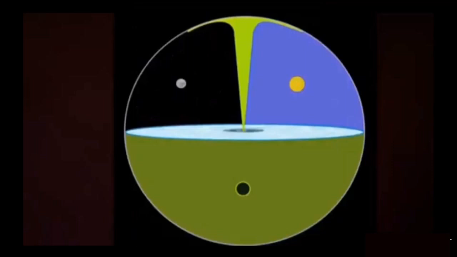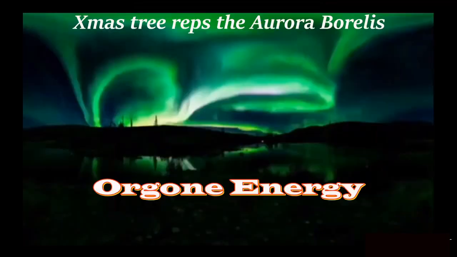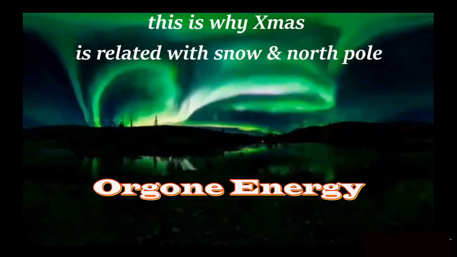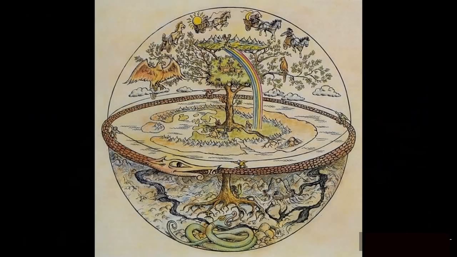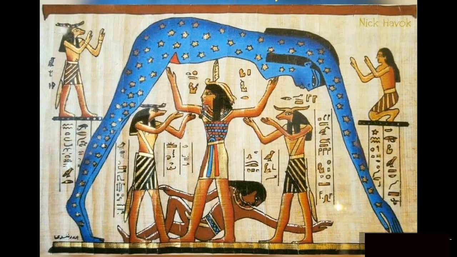That's Aurora Borealis. That's a place where there's lots of ice. Christmas is always represented with conifer trees. Now look, it's always been about flat Earth.